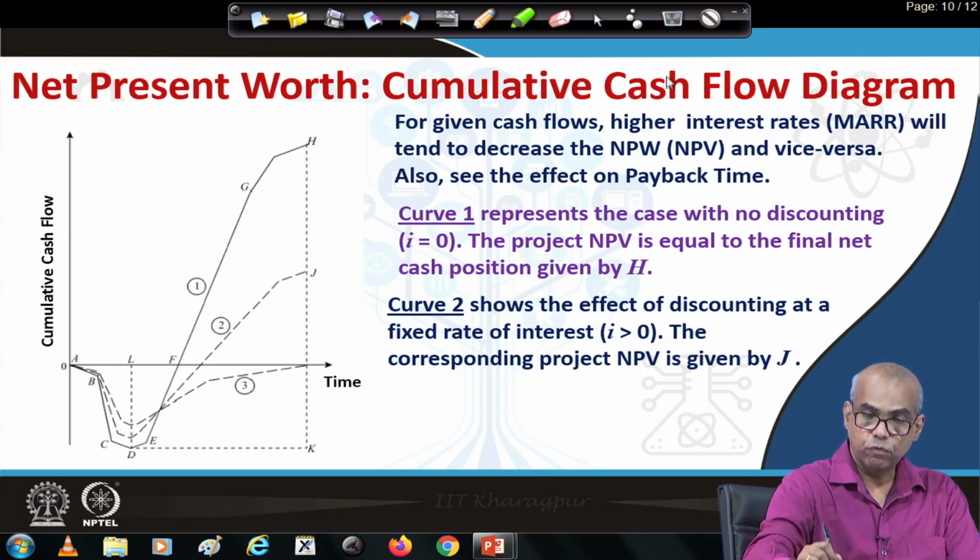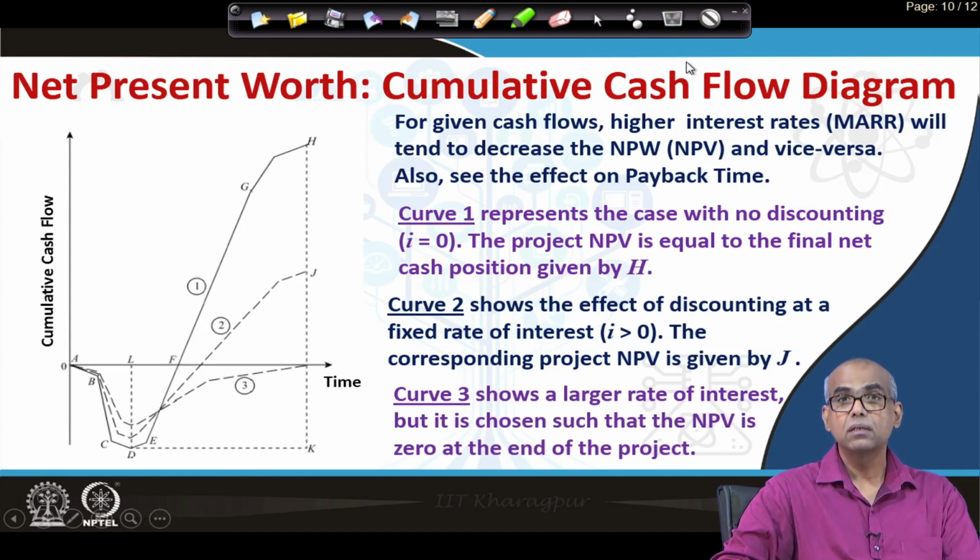Now, if we further increase the rate of interest, you will get a position represented by curve 3, where the rate of interest is so chosen that the final NPV is 0 at the end of the project.